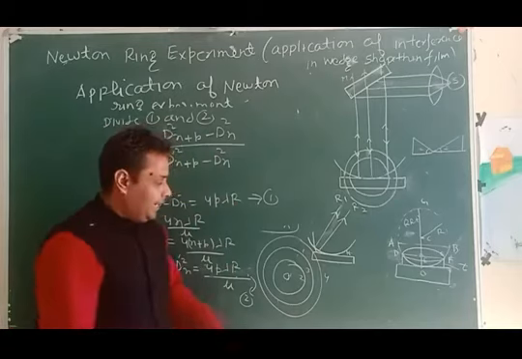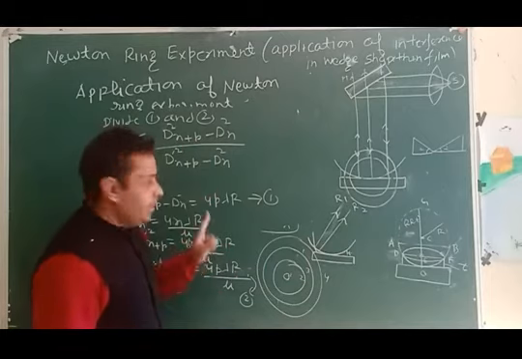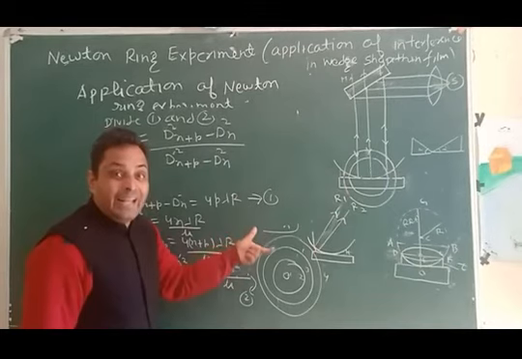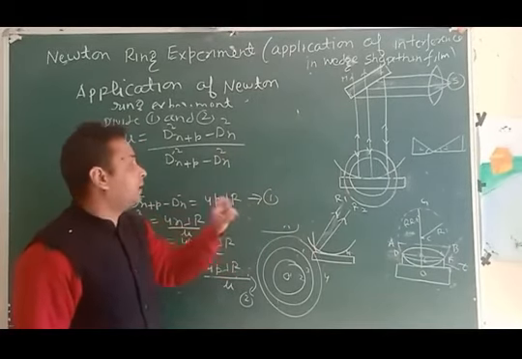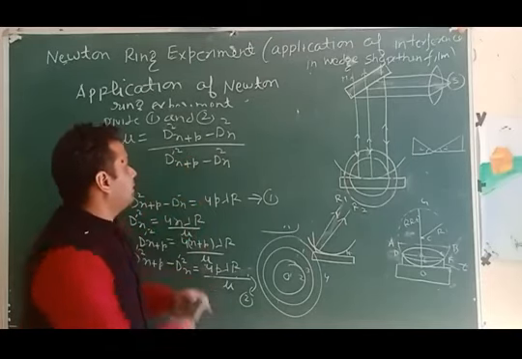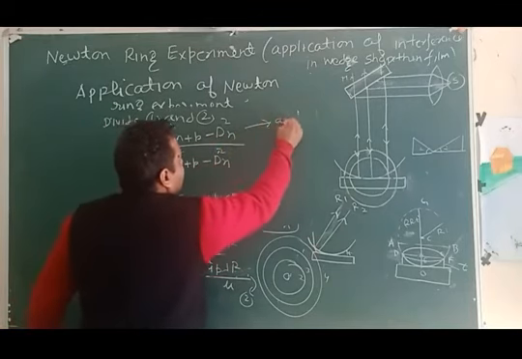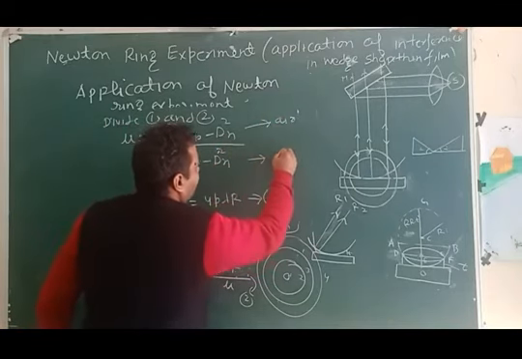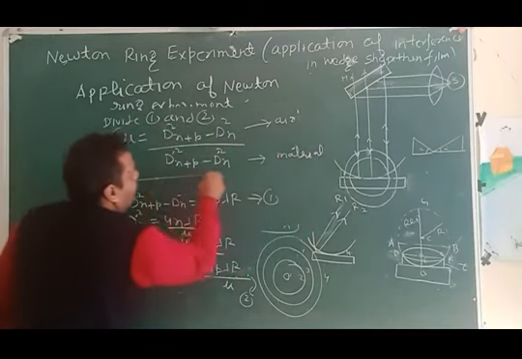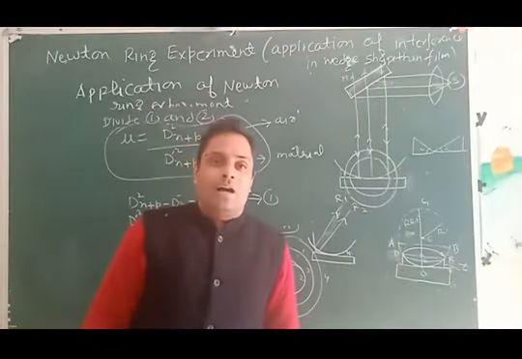So measuring the diameters of consecutive rings, second and third, if p is 1, and then when we immerse this into the solution or the material whose refractive index we want to calculate, we calculate the diameters of the rings. This is in case of air and this is in case of the material. Understand? So when we calculate the diameters, we can easily calculate the refractive index of the unknown material.